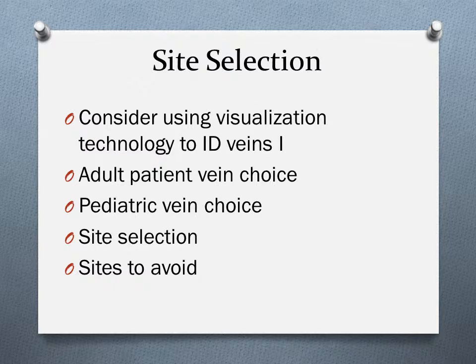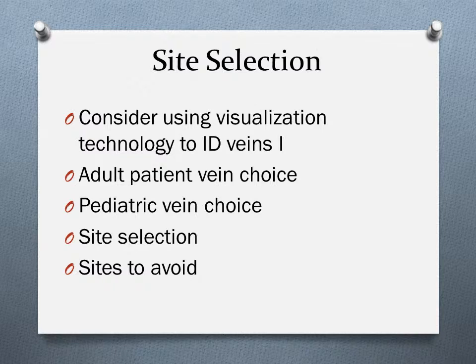Sites are preferable in the non-dominant arm, and you should avoid hard sclerosed veins, the inner aspect of the wrist, an extremity that is affected by a CVA, areas where there's flexion whenever possible, an extremity that has been affected by a previous pertinent surgery, such as a mastectomy with axillary dissection.